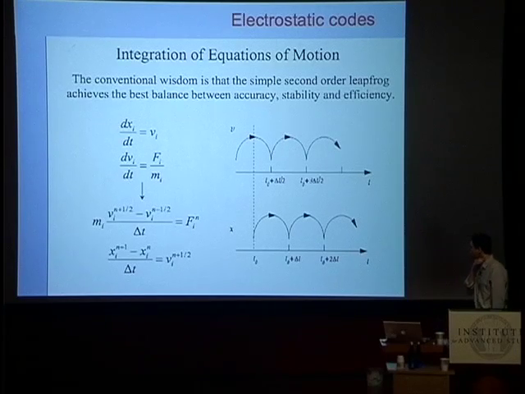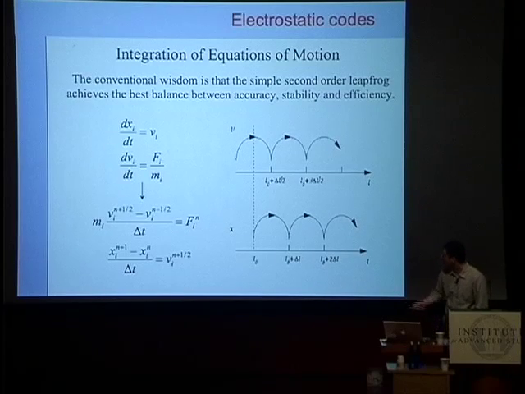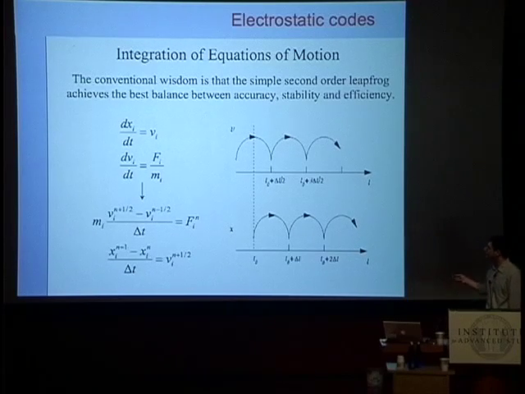Essentially, what we have is that we're decentering the velocities and the positions in time. The velocity is decentered with respect to the position, so that when the position has to be advected forward, the velocity is available right at that time step, half a time step.